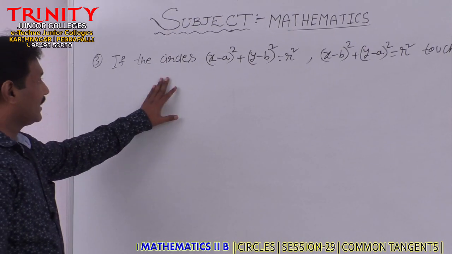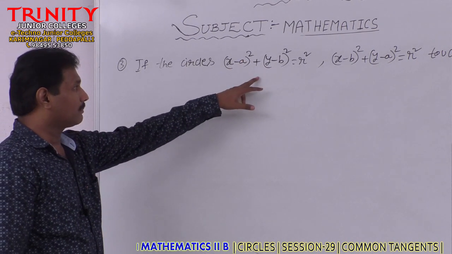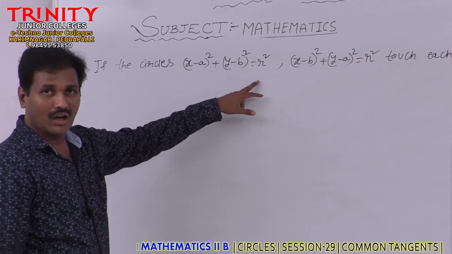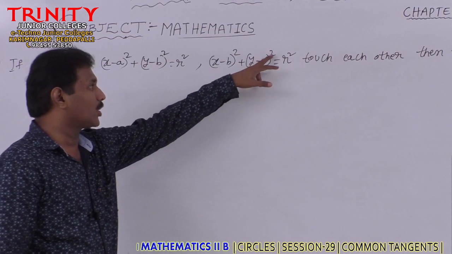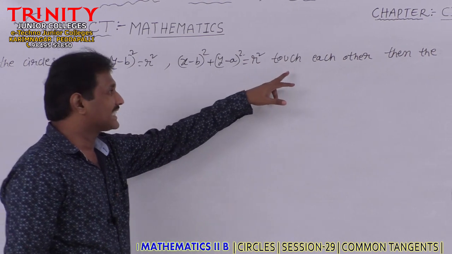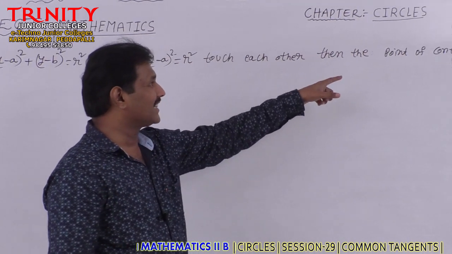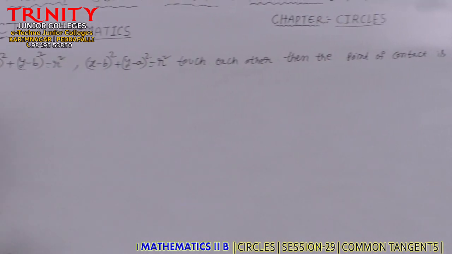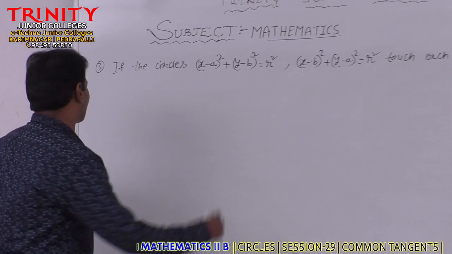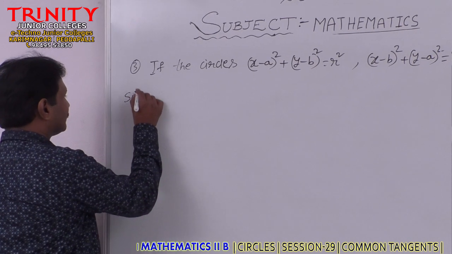If the circles (x minus a) whole square plus (y minus b) whole square equal to r square and (x minus b) whole square plus (y minus a) whole square equal to r square touch each other, then the point of contact is. That means the circles touch each other either externally or internally. We check it. Solution.